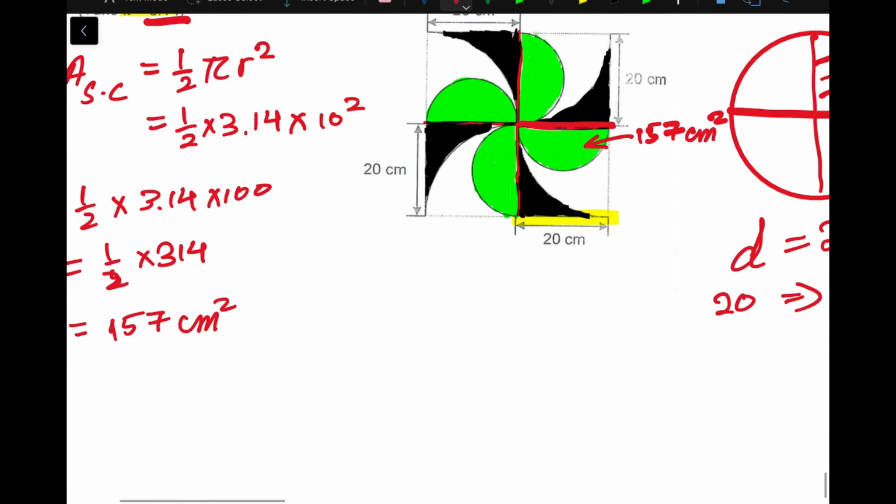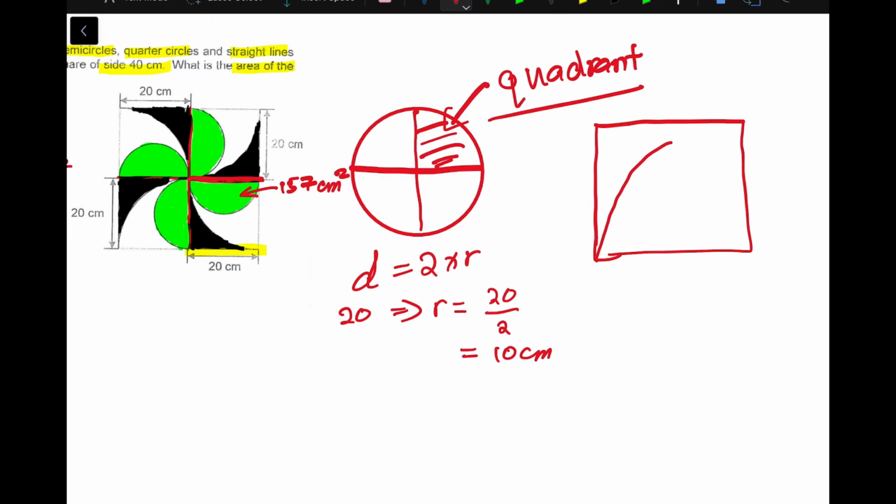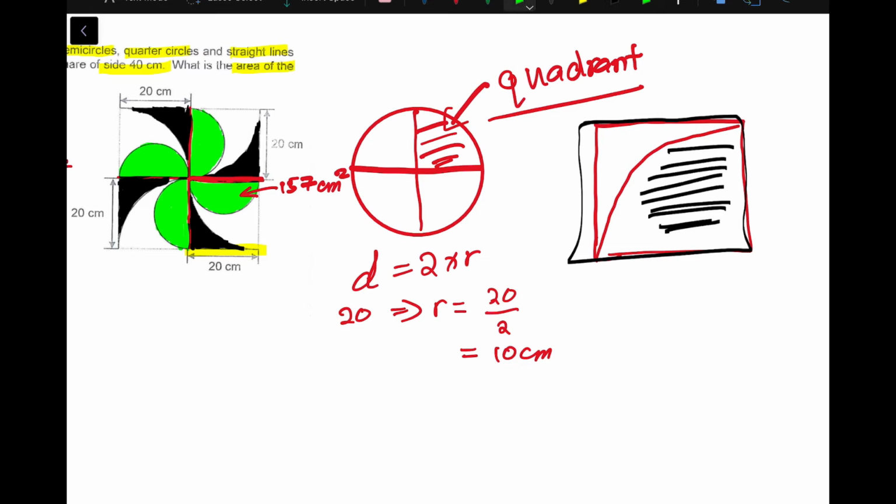If you see this black region, it is formed by subtracting the area of this quadrant from the area of this square. What that means is we find the area of this whole square and then we subtract the area of this quadrant to find this region over here.